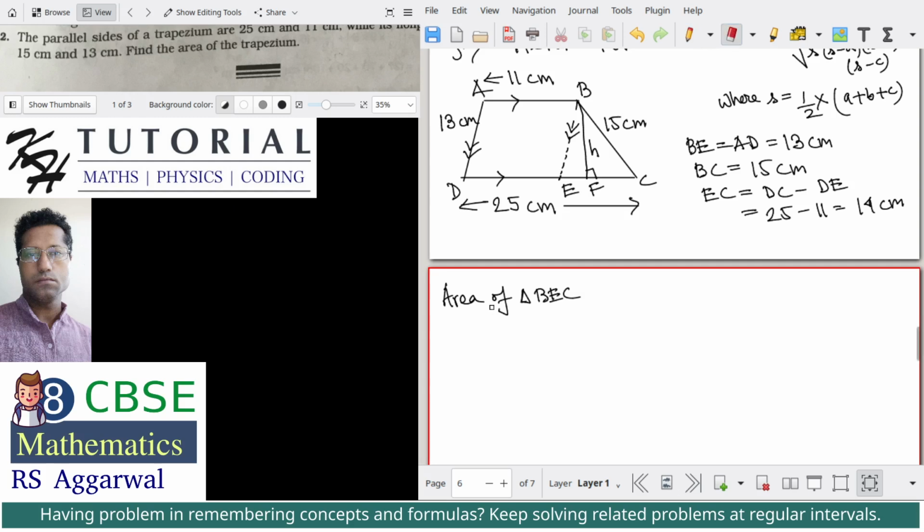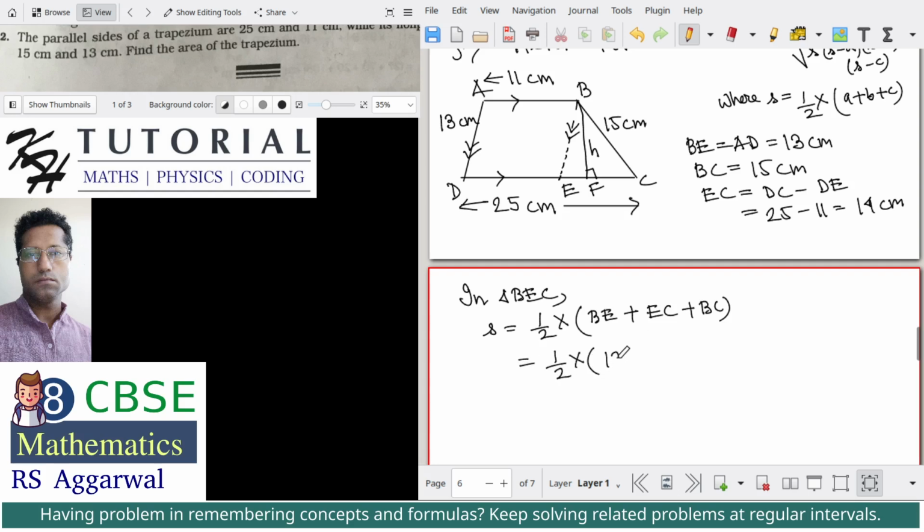But before that, let's find the semi-perimeter. So in triangle BEC, the semi-perimeter small s is half multiplied by the perimeter of the triangle, the sum of the length of its sides, BE plus EC plus BC, which is equal to half multiplied by, what is BE?